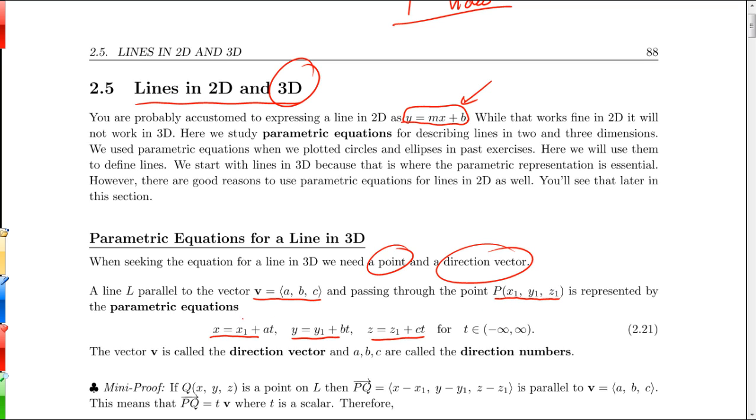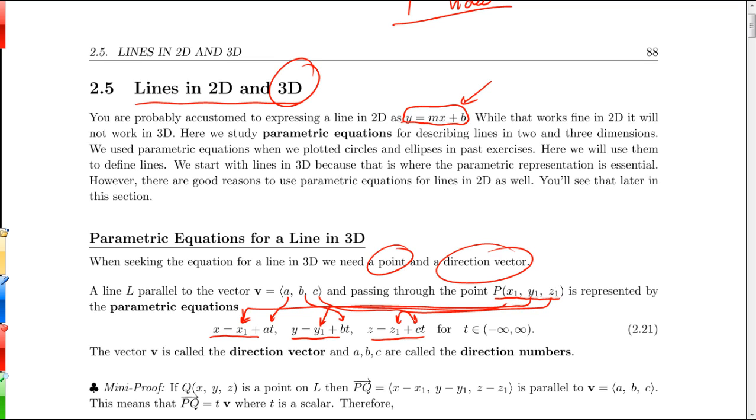The x value from the point is right there, and the elements of the direction vector are called direction numbers, and they go here. So it's x1 plus at, then y1 plus bt, and then z1 plus ct.